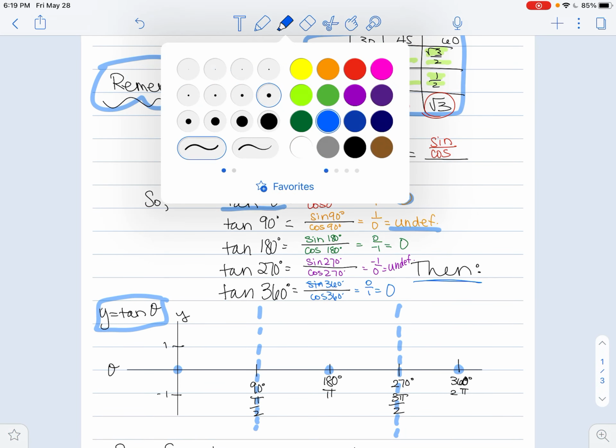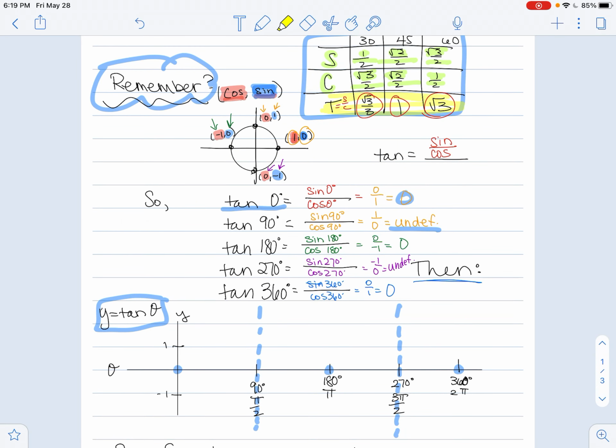So let's look over here at these values. Remember at 30 degrees, it was root 3 over 3. That's a positive value, so this is about 30 degrees right here. So it's about like this. At 45 degrees, which is about halfway, it's a value of 1. I'm going to make this one a little bit lower, sorry.